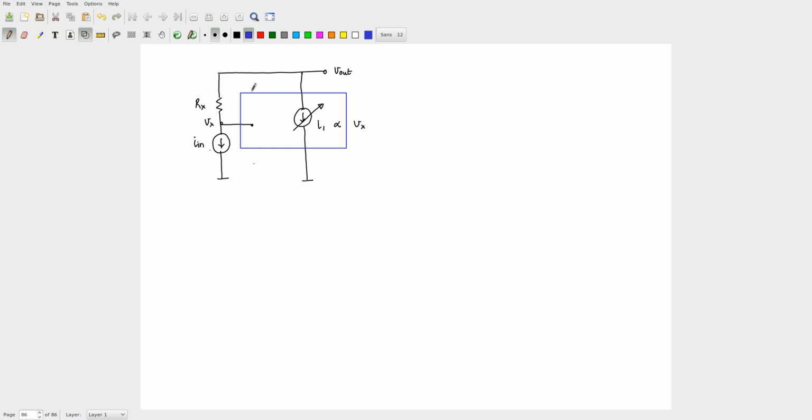If you flip your I in, so that instead of pointing down it points up, then in that case you will not want V out to be equal to Rx times I in. You will want it to be minus Rx times I in.